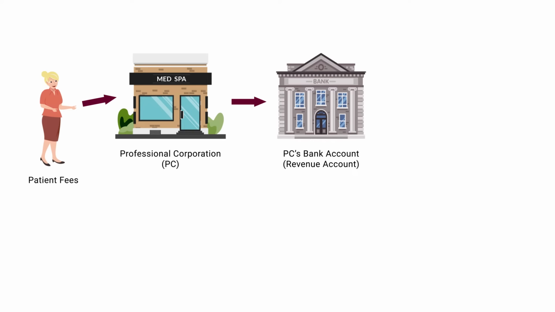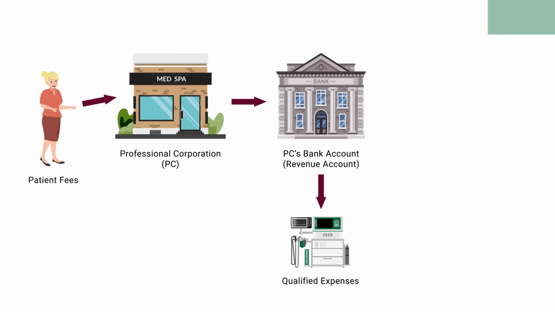The MSO will then use the PC revenue account to pay for various qualified expenses on behalf of the practice, according to the management services agreement between the two parties.